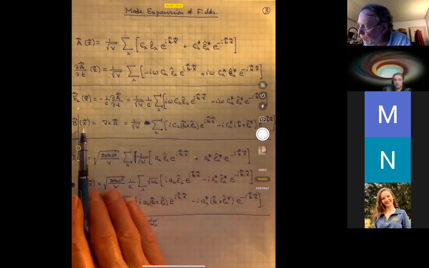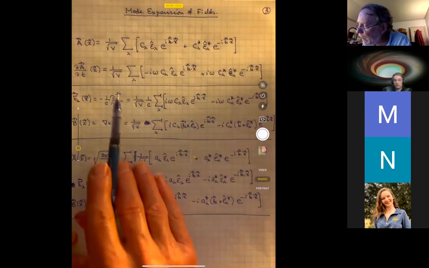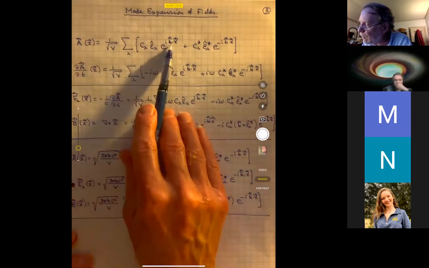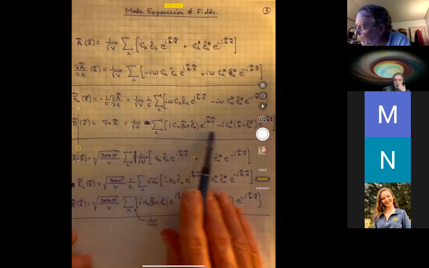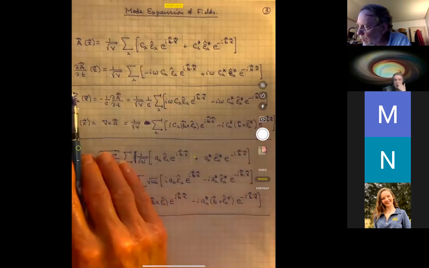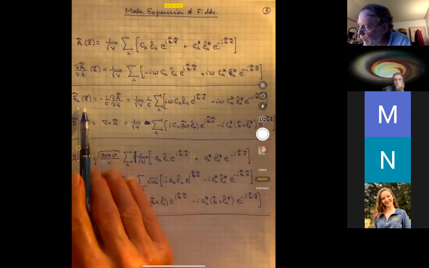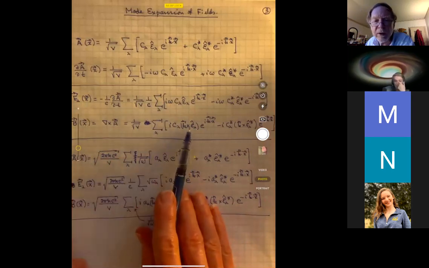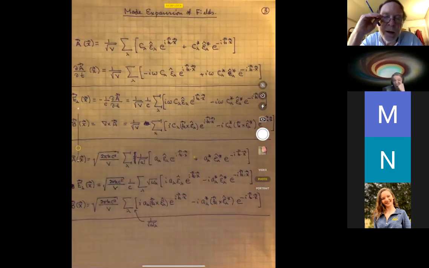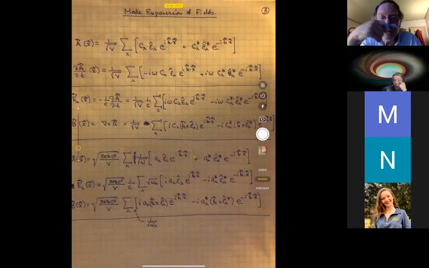For the magnetic field, I take the curl of A. The curl of A brings down i k cross, coming from the exponential, crossed into the polarization vectors, and here's the magnetic field. So these are the Fourier series for the transverse electric and magnetic fields in terms of the mode amplitudes. We can take those and plug them into that integral and actually do the integral to get the electromagnetic Hamiltonian.